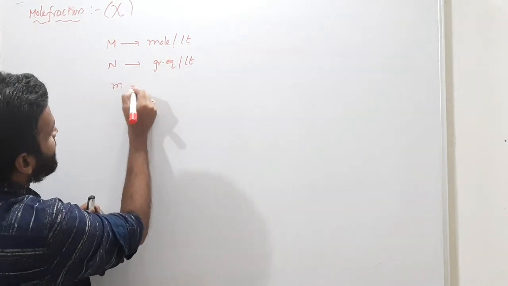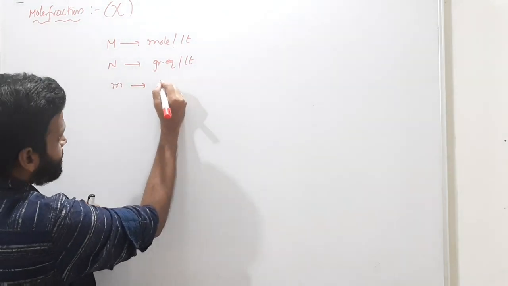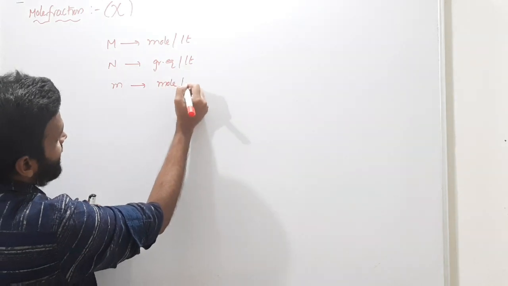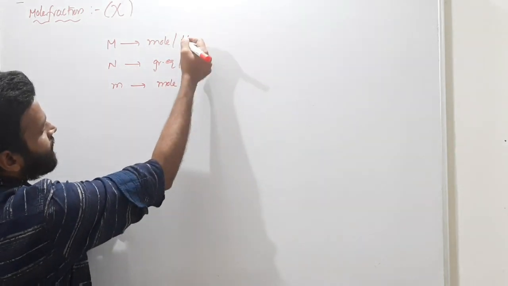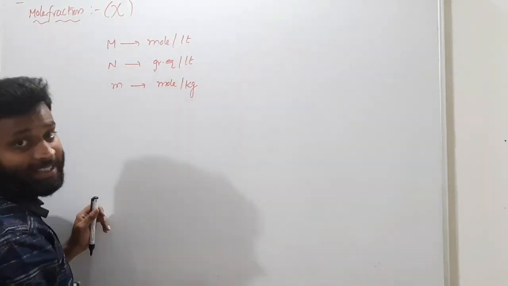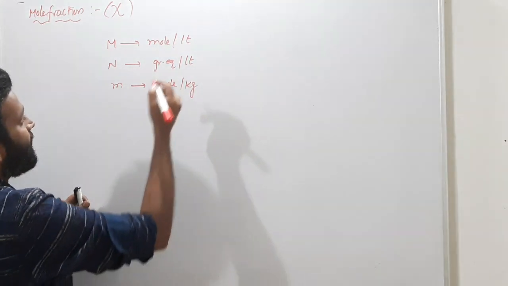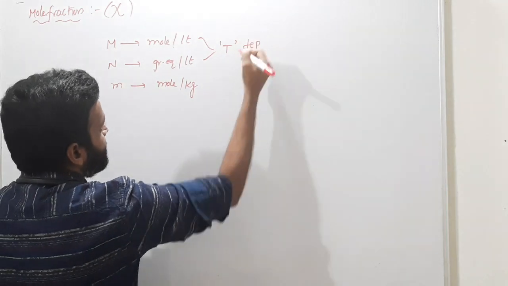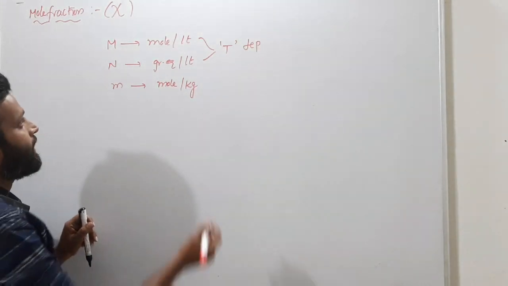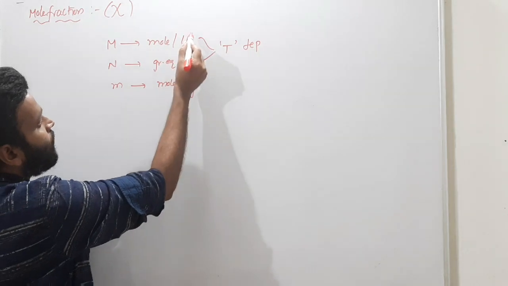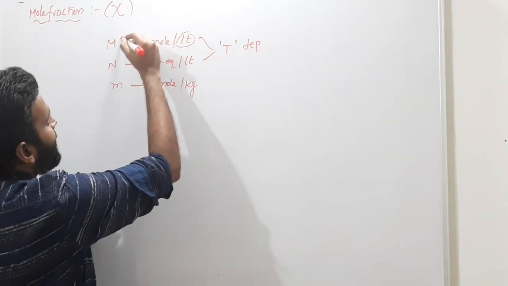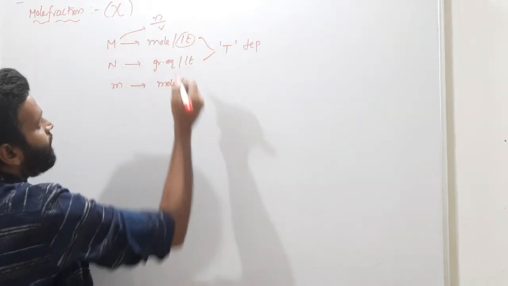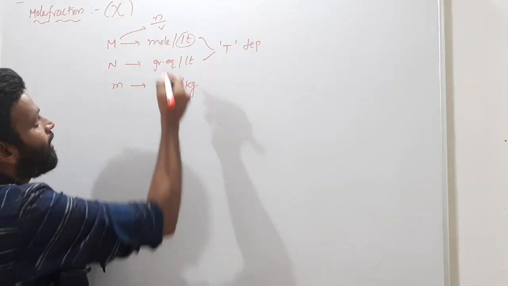And molality means moles per kg or moles per gram, whereas molarity is moles per liter or moles per cc. Molarity and normality are temperature dependent. Why? Because molarity means number of moles by volume, so there is a volume term.